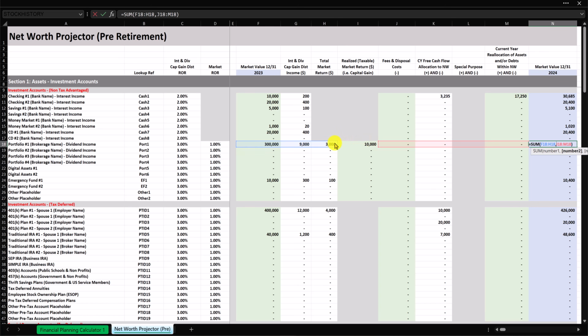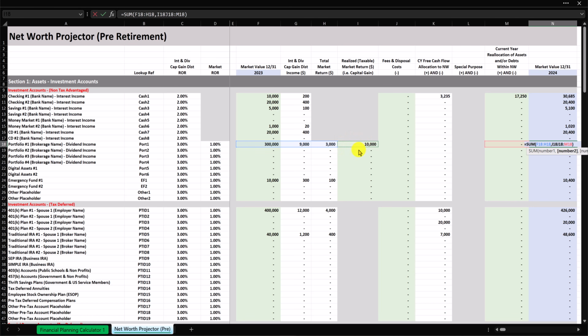This item will be taken to the cash flow projector, which we are going to build out in a future video, and it will be taxed. But again, I'm taking the position that whether it's taxed or not, this item is not additional cash. This does not impact our net worth.